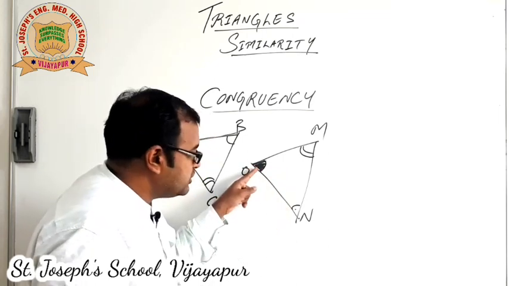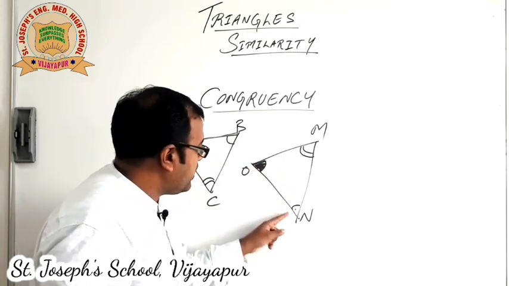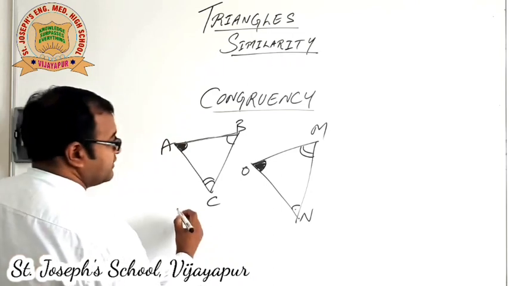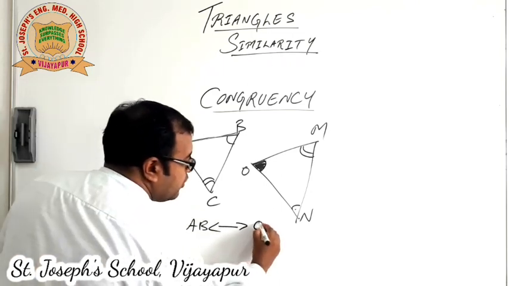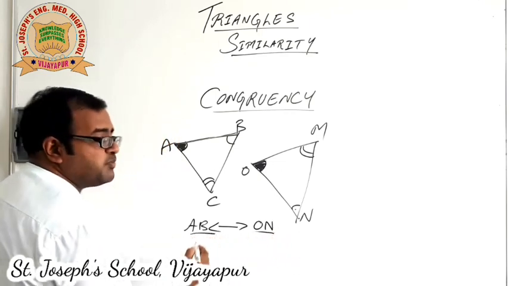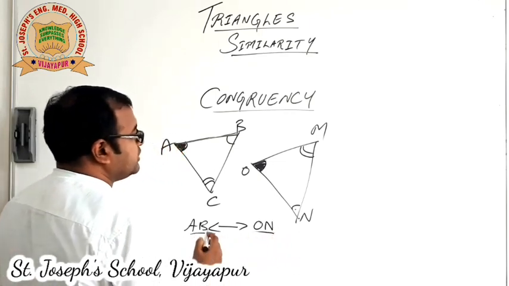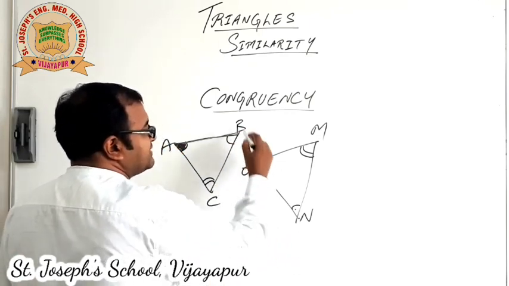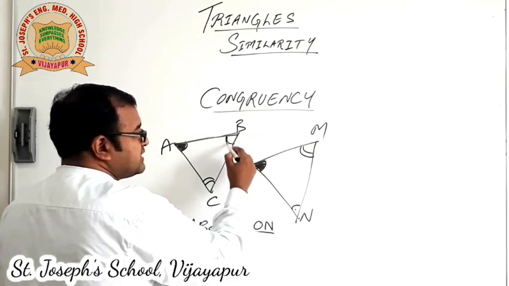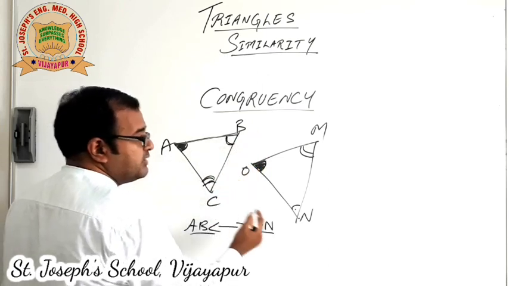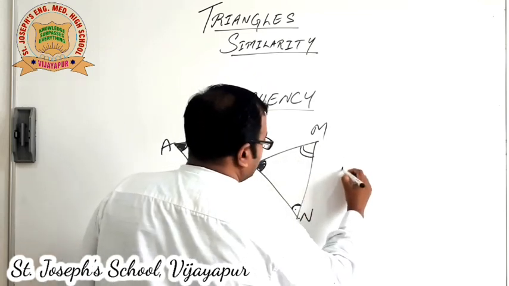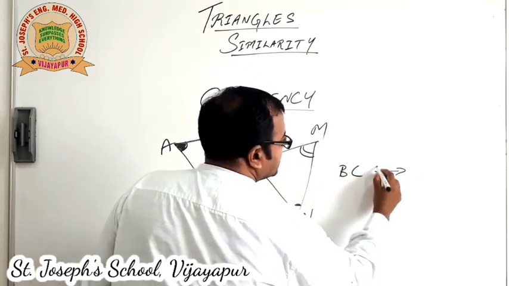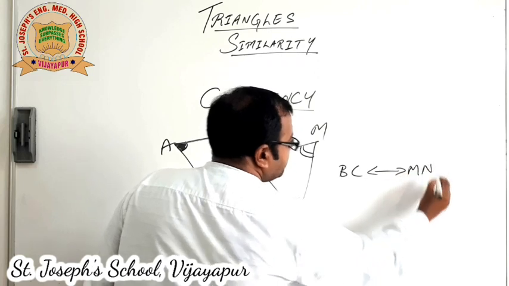Here we go, the shaded one and the single line, that is O and N. So I can write AB corresponds to ON. They are the corresponding sides. Let's talk about the other corresponding sides. For example, BC. BC connects a single line and a double line. So here, single line and double line is MN. So we can write BC corresponds to MN.